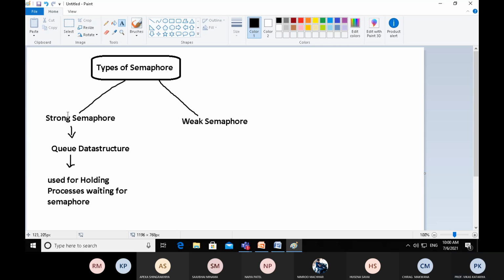So this is a type of semaphore, that is a strong semaphore.